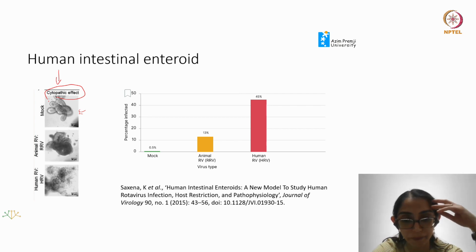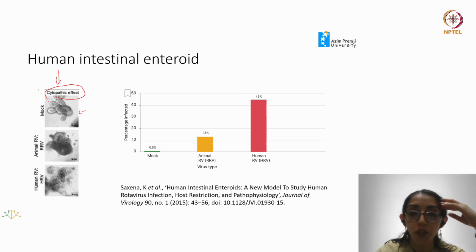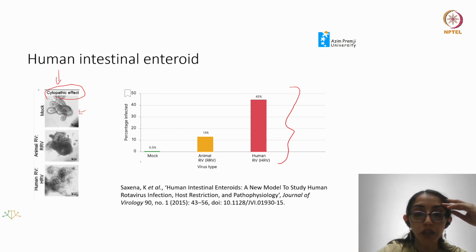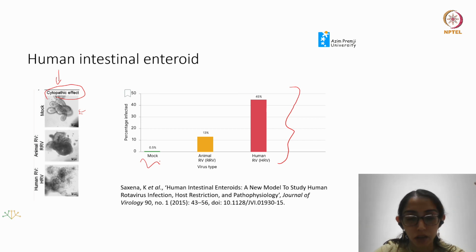And this graph quantitatively describes what they've seen on the left-hand side, which is that in the mock, so in the control, where there was no rotavirus placed on the enteroid, nearly none of the enteroids were destroyed, whereas with the animal rotavirus, 13% were infected.